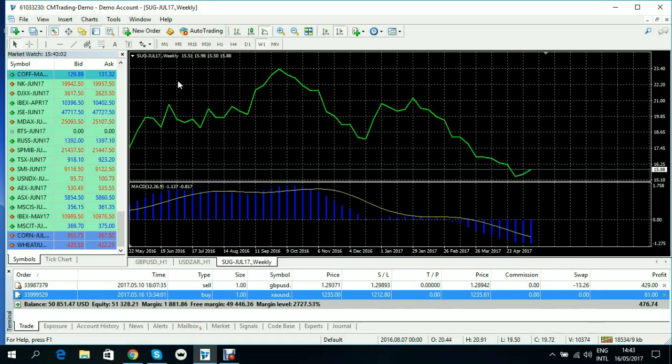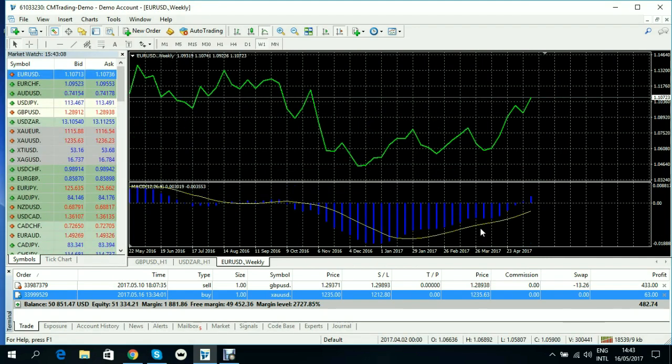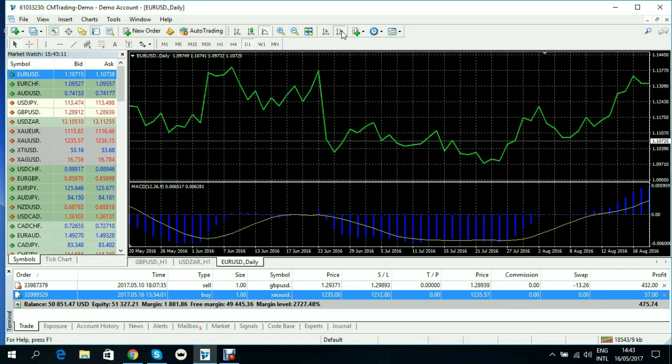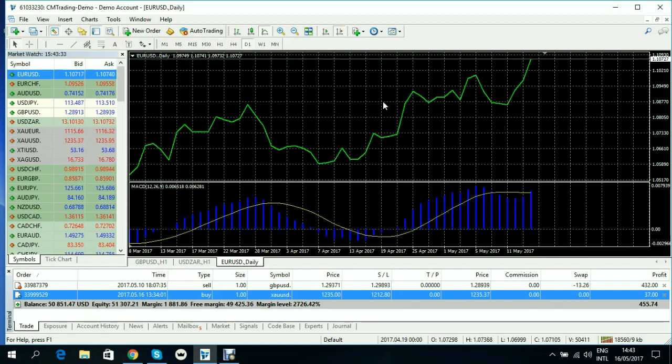Then a sell trend is formed. And for a buy, both the bars and the signal must cross so that they are above the zero zone, and then you confirm with other time frames and you pick the majority, and then you can confirm with other indicators before placing your trades.